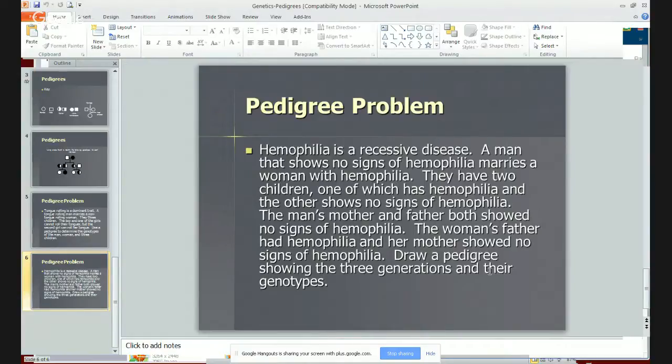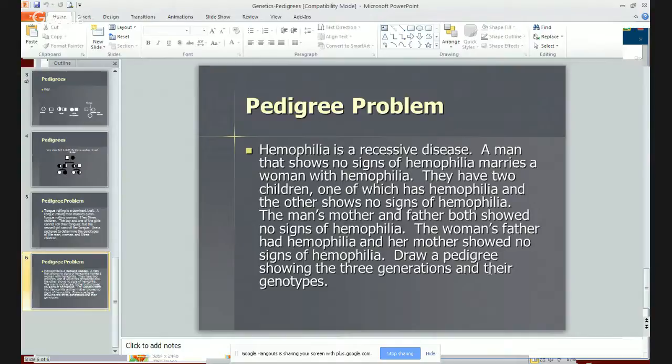So we know that she had to have at least one big H. Now, the only way mom could have gotten hemophilia is if her mother was a carrier. Because we know she definitely got one allele from dad, which makes sense because he had hemophilia. And then mom's mother, the maternal grandmother, obviously had to be a carrier.